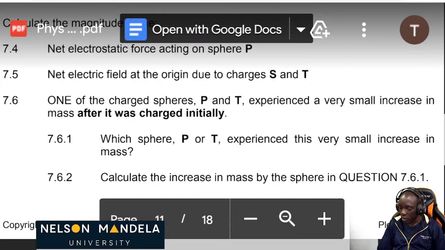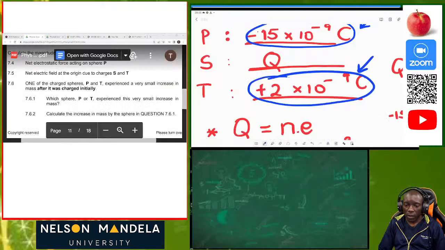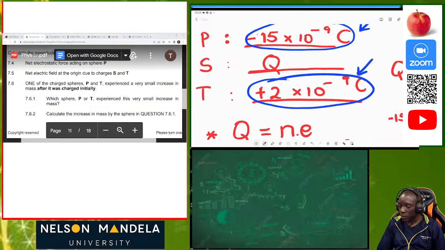Then the other sphere, T, ends up with a positive charge. In giving it a positive charge, it means electrons are removed. There's a deficiency of electrons.